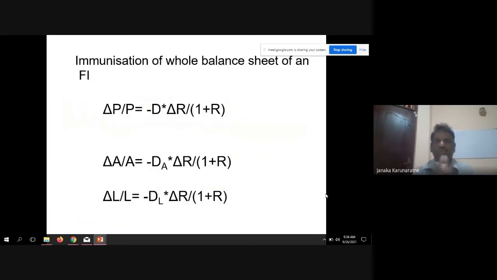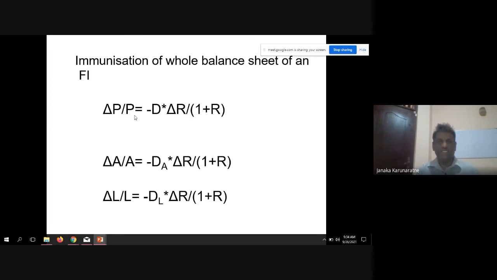So I will put in very simple terms all these things we discussed. Now, if you take an individual asset, the change in price of that particular asset divided by the original price as a result of interest rate movements equals minus, always remember the minus sign, D, Macaulay duration, times delta R divided by 1 plus R. So this is very simple.